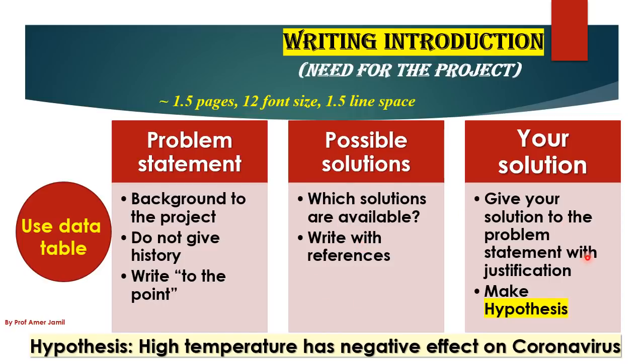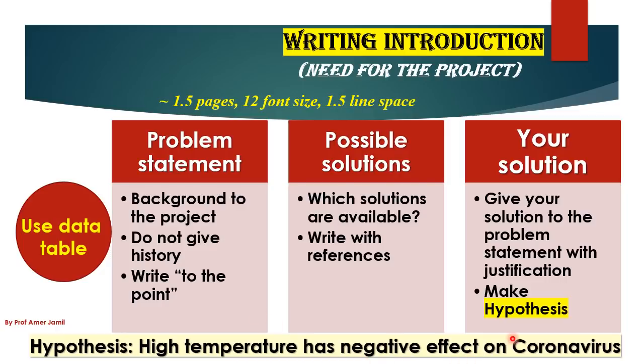In the third paragraph, you give your solution to the problem with a justification statement. And finally, you build your hypothesis here. For example, if you are concentrating more on high temperature, you may write that high temperature has a negative effect on coronavirus. This may be your hypothesis.